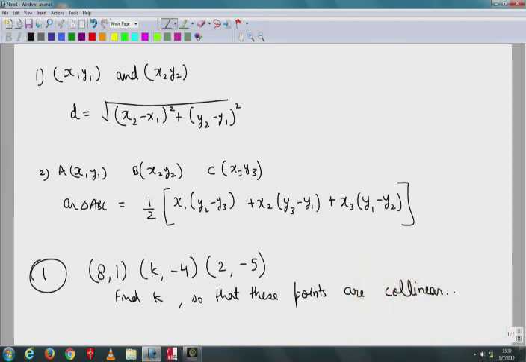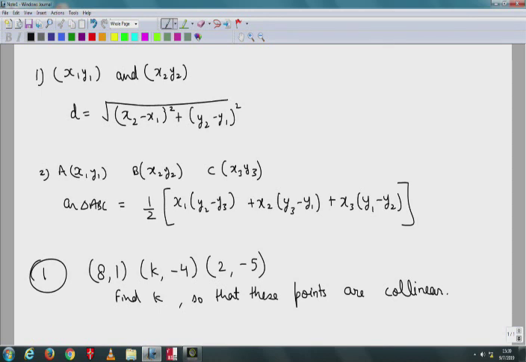Collinear means, let me tell you once again, when all the 3 points are lying on the same line. And the condition you can apply for collinear points is that the area of the triangle formed by these 3 points should be 0.